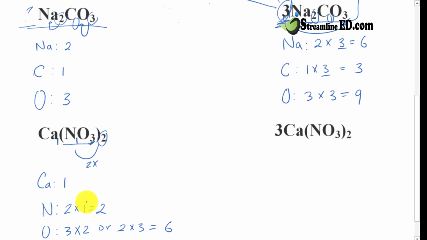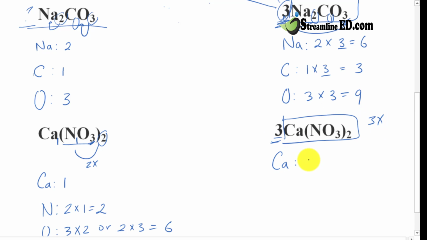And let's look at this with a combination of the coefficient. Look at calcium. So again, this tells you there are 3 times the whole entire thing. 3 times, because of that 3 right there. So for calcium, if that's 3 times, we have 1 right here. 1 times 3 gives you 3. And then for nitrogen, notice how we have 1 nitrogen here and there's 2 of it.